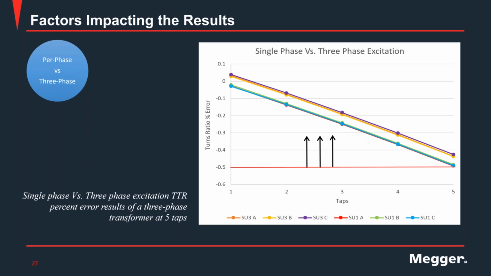You see how the error in this case moves closer to the zero area in the graph. And it's really important to note that except tap number 1, all the errors are negative. So that's why the curves move in the upward direction.